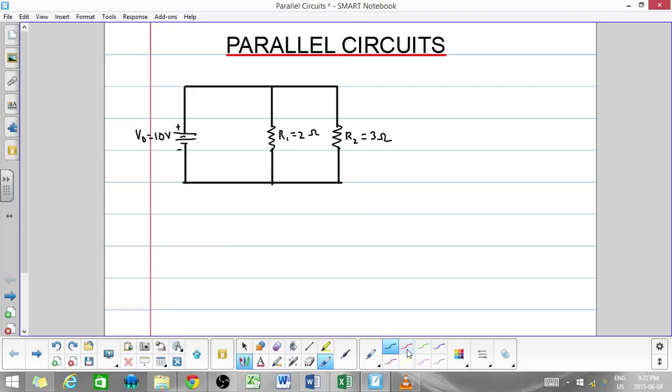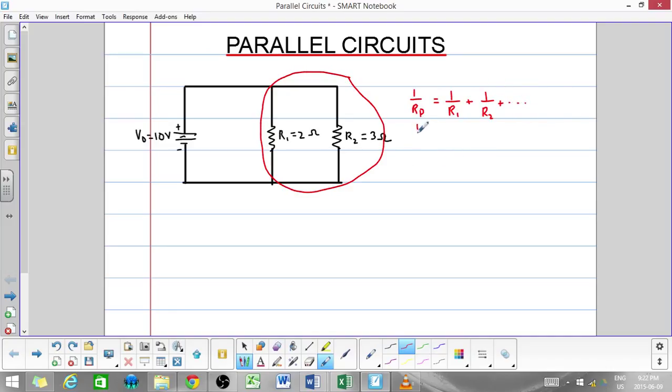Okay, now you should have seen when you looked at combinations of resistors that if you've got two resistors in parallel, the relationship that governs them is that 1 over the equivalent parallel resistance is equal to 1 over the first resistor plus 1 over the second, and just as many terms as you have resistors.